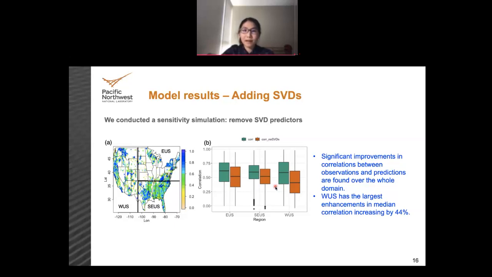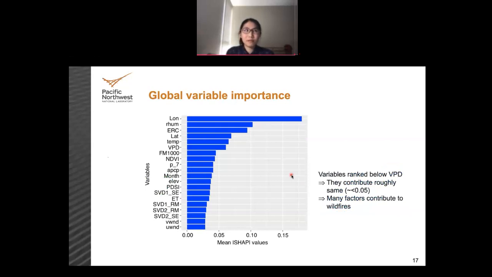Okay. So after talking about the model performance, one thing we really care about is the variable importance. So basically, which variables are important for wildfires. So here we show the global variable importance that is calculated by the absolute SHAP values. So it just tells us, considering all the data in your data set, which predictors are important.